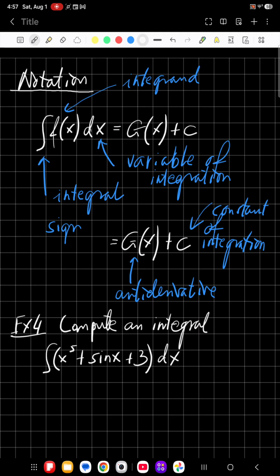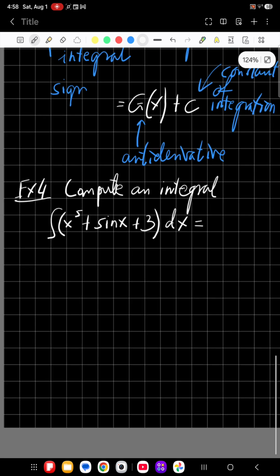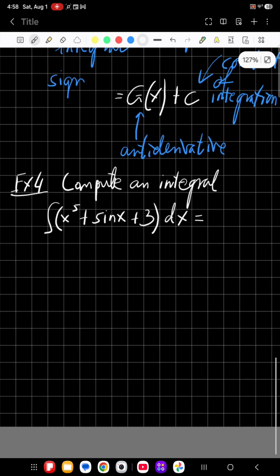Okay, so without further ado, we're just going to go for it. So I'm thinking, okay, x to the 5th. What expression, what function would give me x to the 5th if I've taken a derivative of it? Remember how differentiation works.